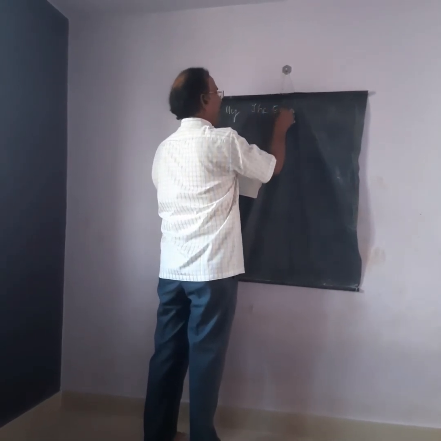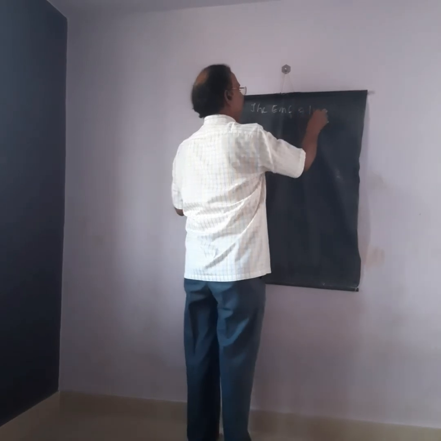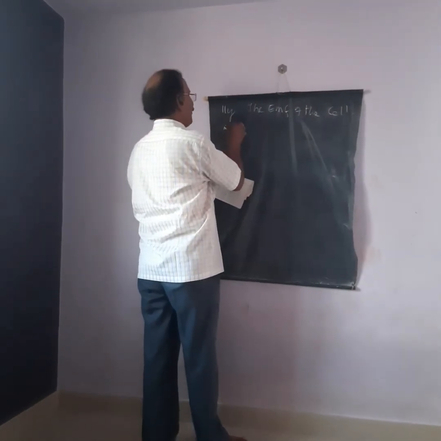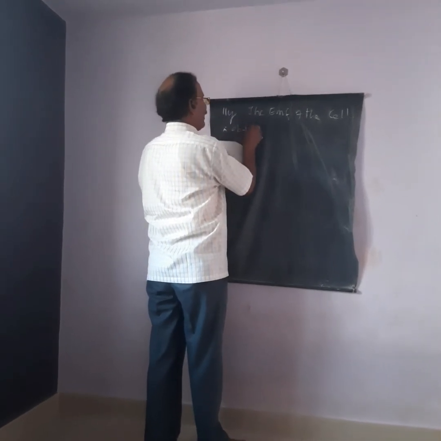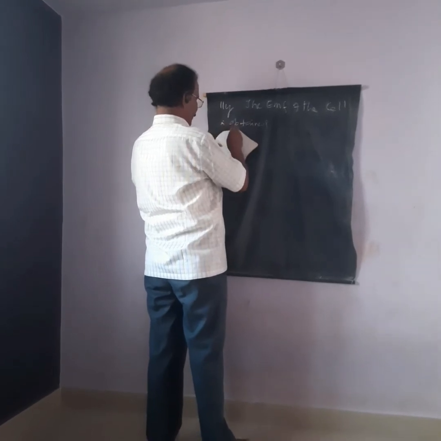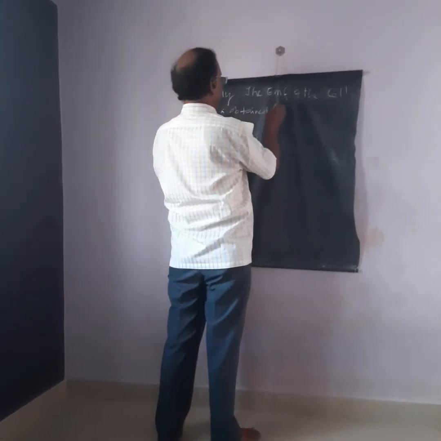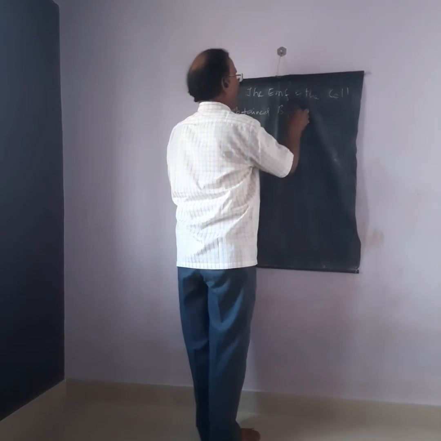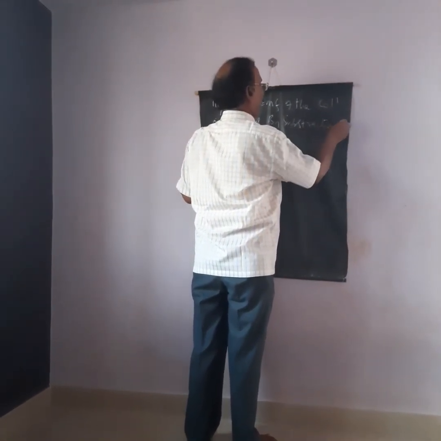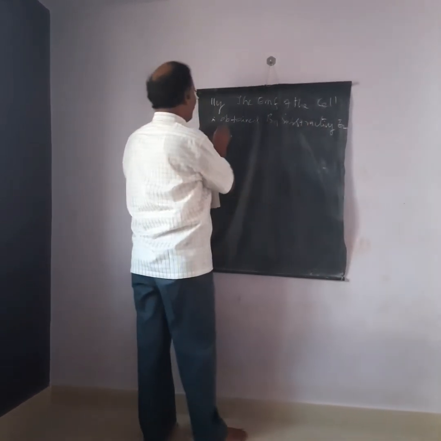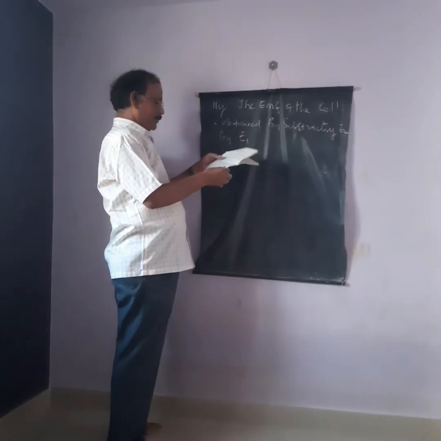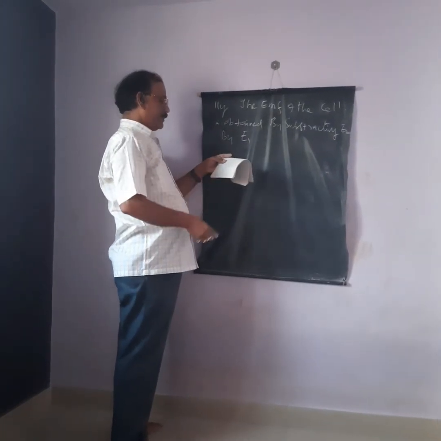The EMF of the cell is obtained by subtracting E2 from E1.